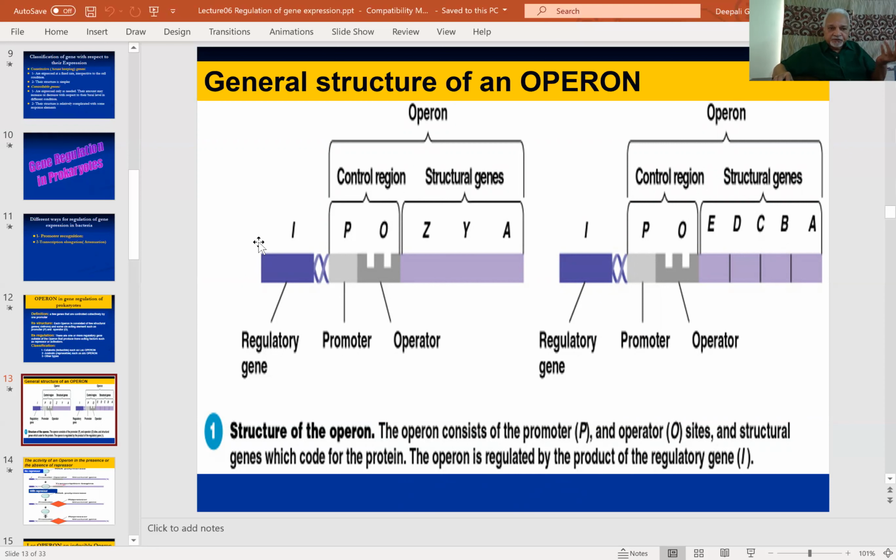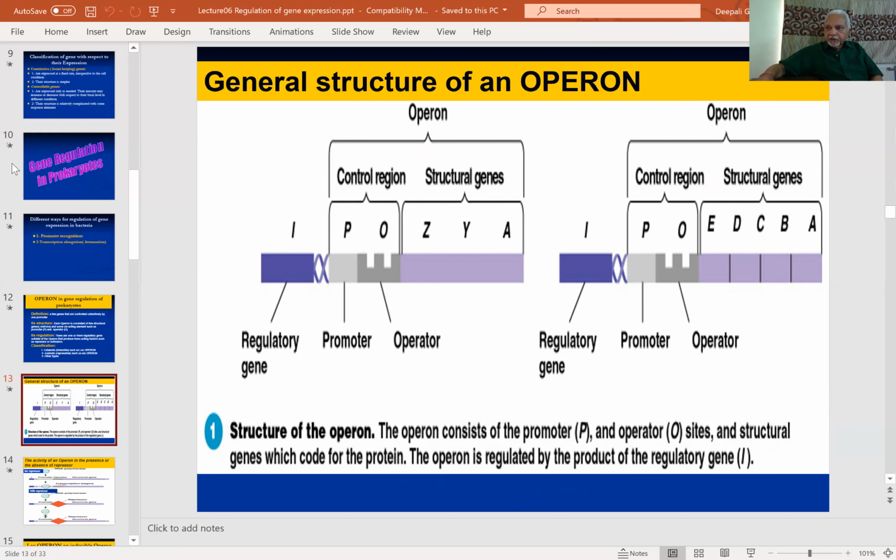They can be present anywhere in the genome, in close proximity of the operon, or at a distance, because what is required here is the gene product, which can diffuse and approach its site of action. So an operon is very simply explained like this. You have two components, structural genes and the control region. The control region has a promoter and an operator, and then the regulatory gene produces a repressor or an activator.